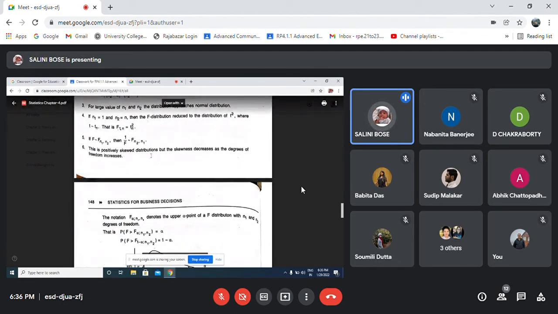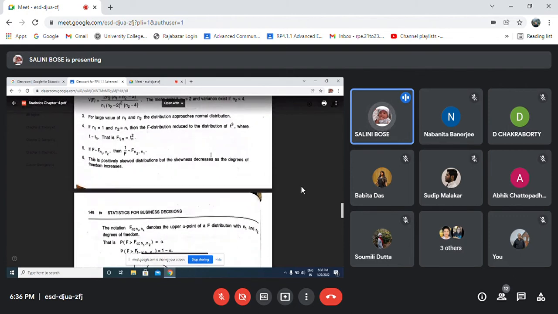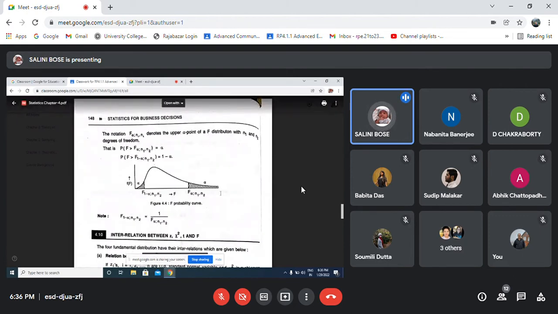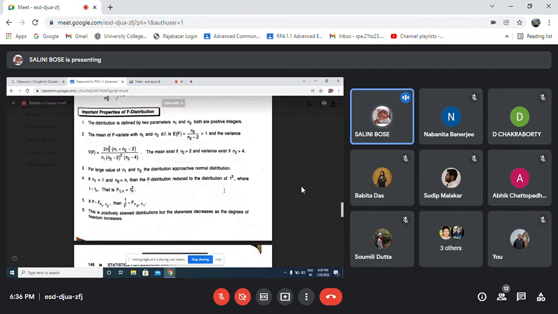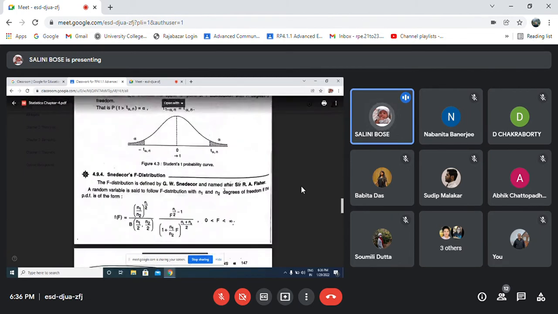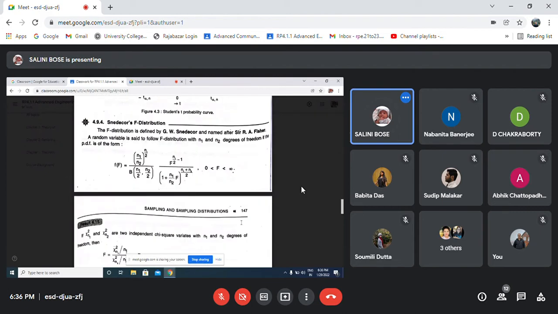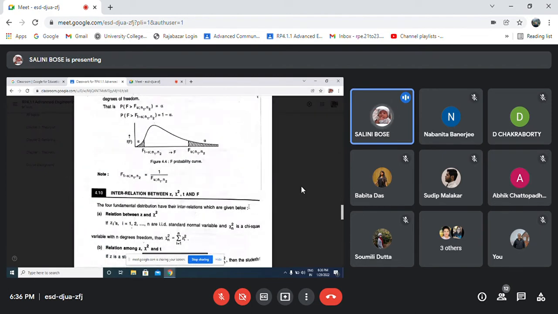And this is positively skewed, because why? You can see the curve of the F distribution. The PDF of the F distribution looks like this, and you can see the range of the F distribution is from 0 to infinity. That is why at the beginning it is written that the range of the F distribution is from 0 to infinity.